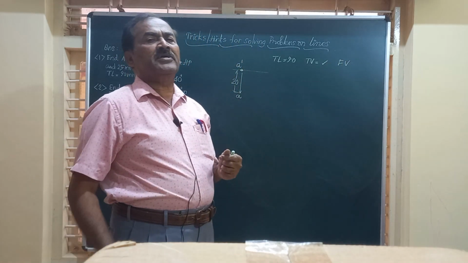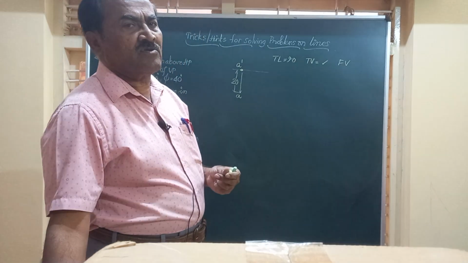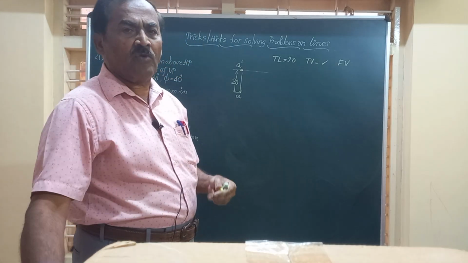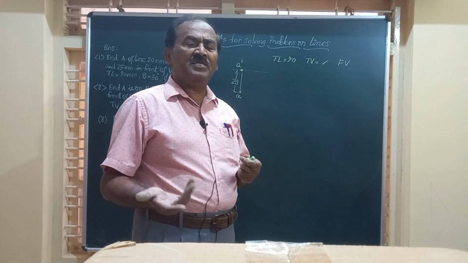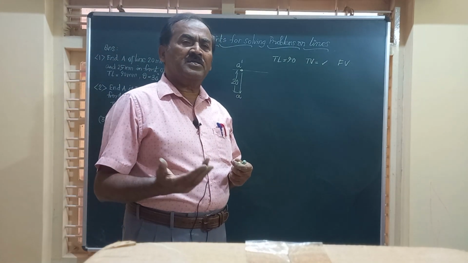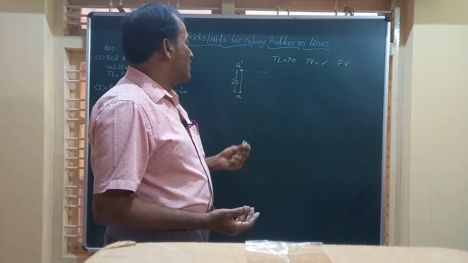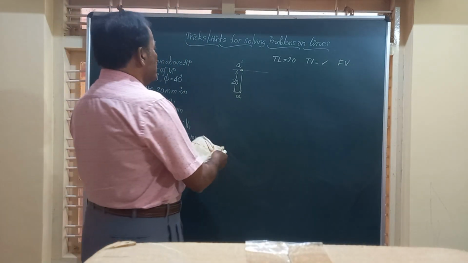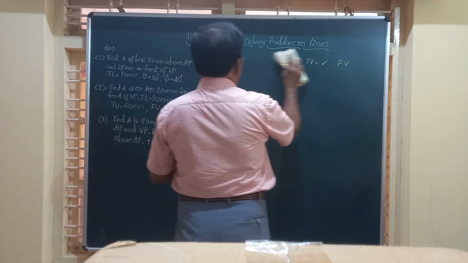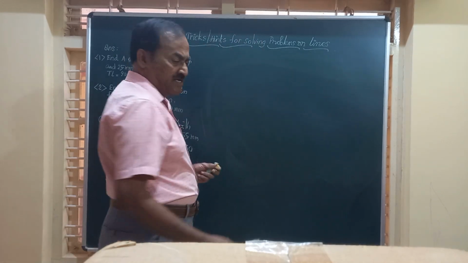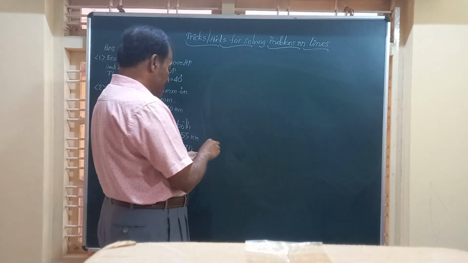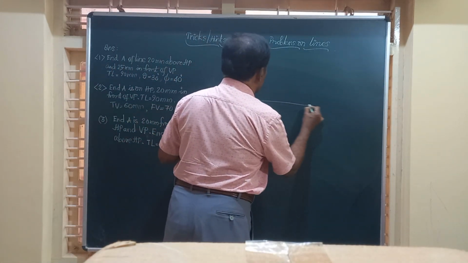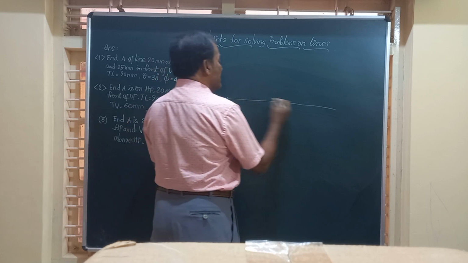So we are required to obtain the information regarding the front view, top view, the distance between the end projector, and all this information you have to get with this data. Friends, as usual, let us mark the XY line, the line of intersection of VP and HP. I am going to mark a line here. I call this as XY line.